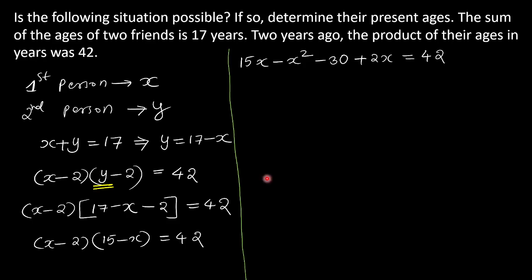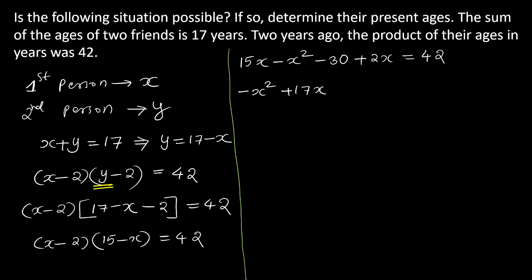So again, let me write minus x square. You can ask me doubts. Let me write two steps. Minus x square. See, 15x plus 2x, all of you please listen carefully, 15x plus 2x is 17x.